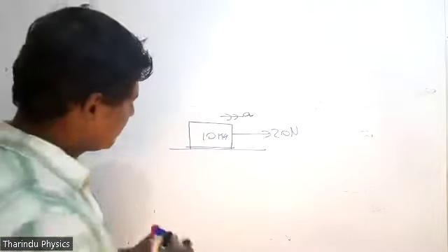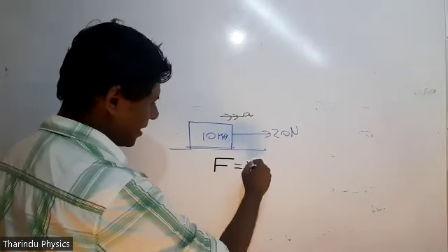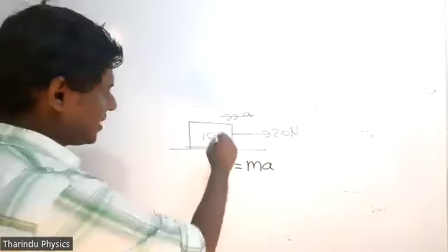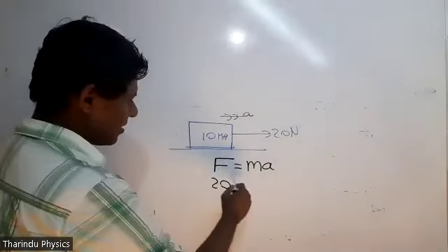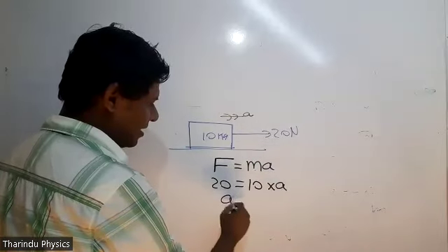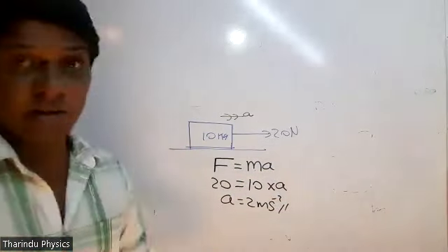The only way is Newton's second law of motion, F equals ma. Right? F is 20 Newton, m is 10 kg, and the acceleration will be just 2 ms^-2. This was something you have done so far.